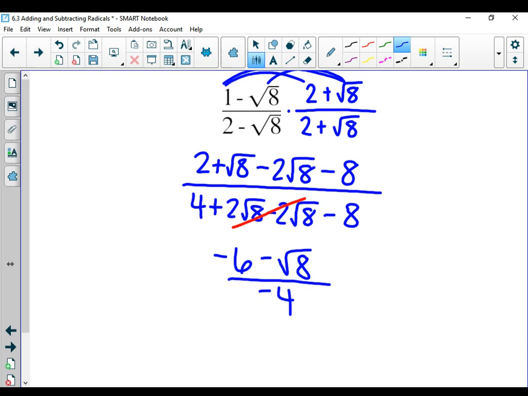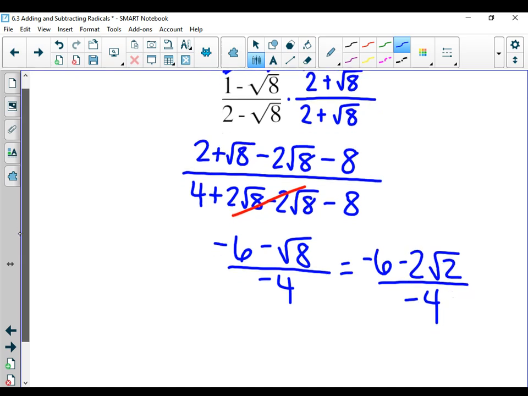And they are not all divisible by anything yet, except for the 8 I can reduce. So negative 6 minus 2 root 2, all over negative 4. Now they're all divisible by negative 2.